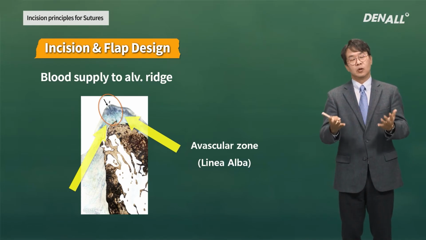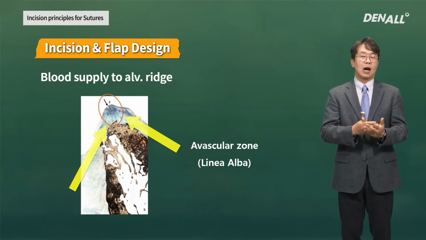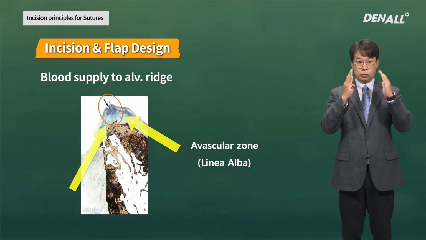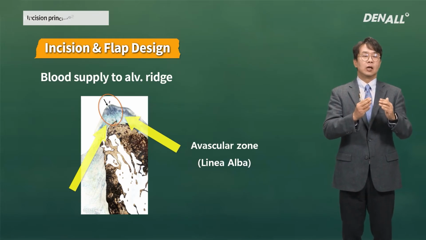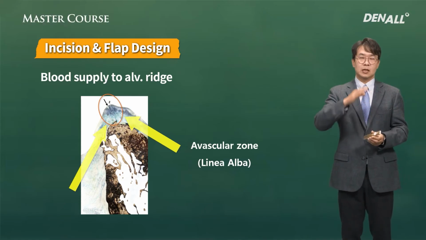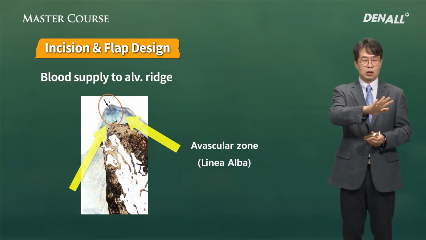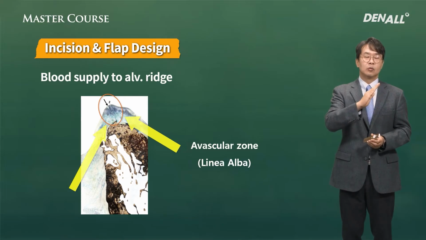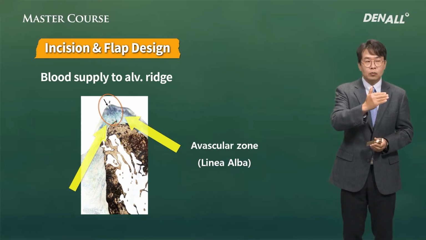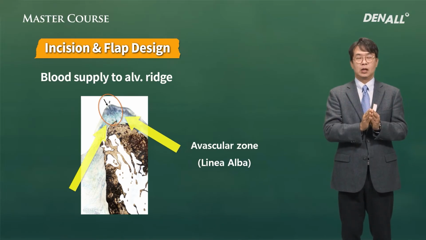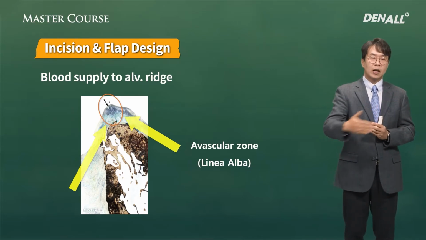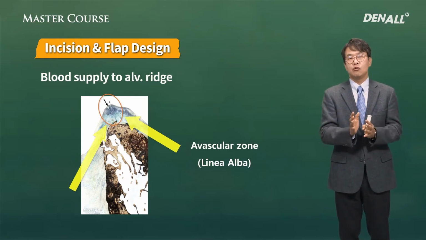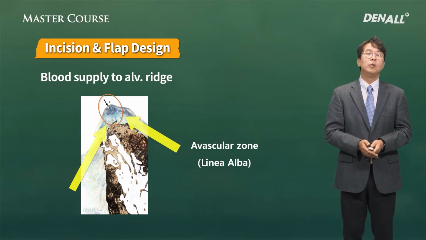Clinically, we do not really know the exact position, but based on our experience, that is the top of the crest, and you will know where it is. That is the avascular zone. So you need to make an incision there for better healing.